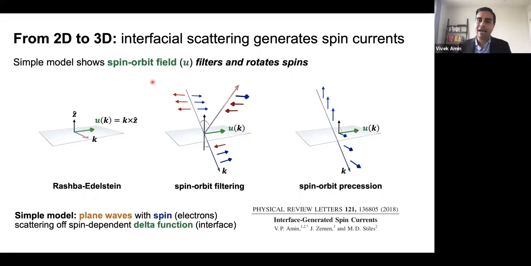As long as you have some sort of transport where, within a mean free path from the interface, there's some interaction with the spin orbit field at the interface, you should expect a similar type of effect. Now, whether or not that is comparable to this depends on a calculation. But in principle, you could expect something to happen.